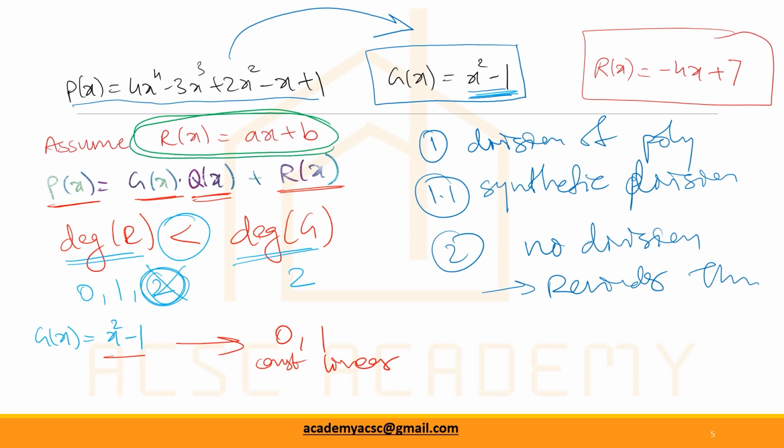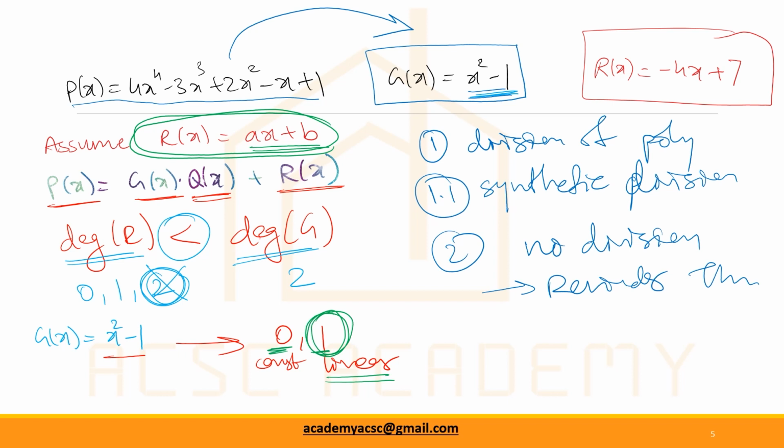So we are not actually dividing the two, we are assuming that the resulting remainder can have the form of ax plus b. Why so? Because it can have degree as either 0 or 1. So we are taking the highest possible degree of the remainder and making a general polynomial of that degree.